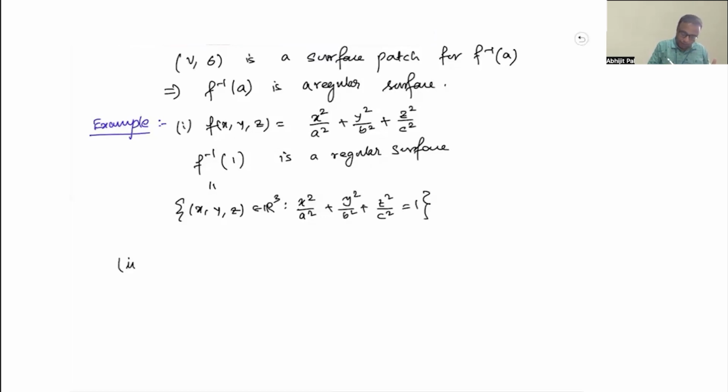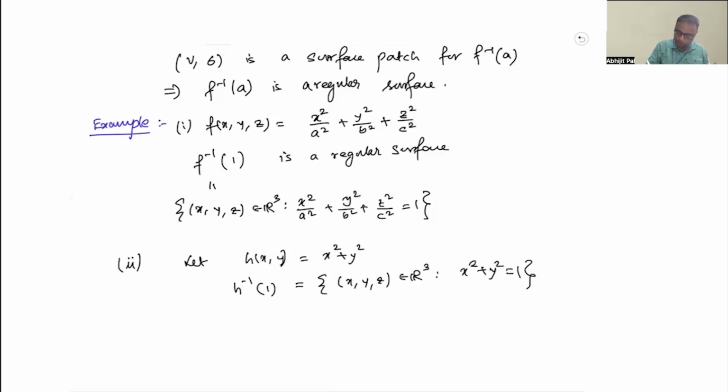And now let us take the function h(x, y) equal to x square plus y square. What will be my h inverse 1? This is all those (x, y, z) in R3 such that x square plus y square is equal to 1.